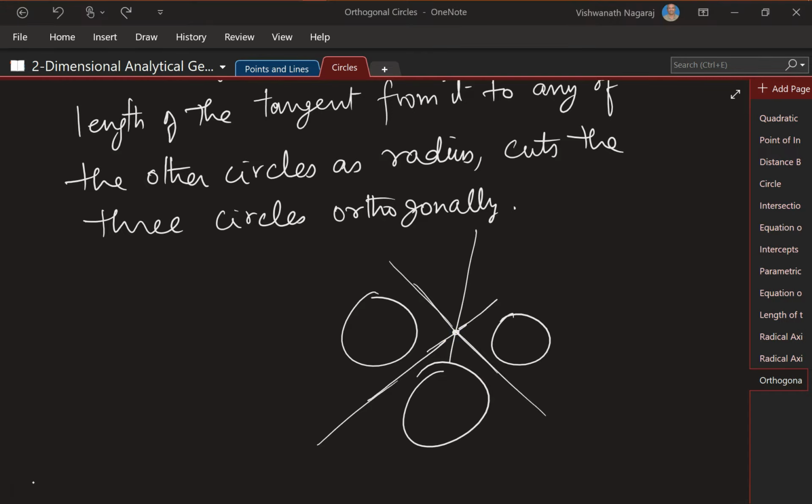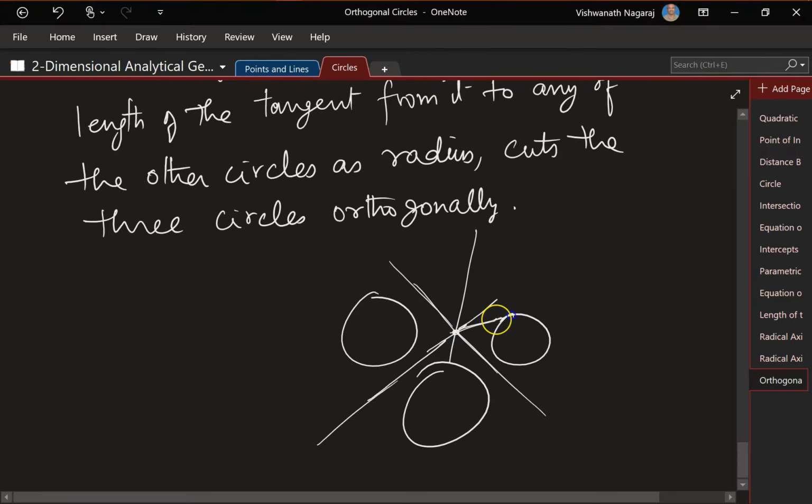Now choose any one of the circles, let's say this one, and take the tangent. Remember, there can be only two tangents from a point to the circle. Take the length of the tangent, treat that as the radius, and draw the circle. That would give you a circle which is orthogonal to all three circles.